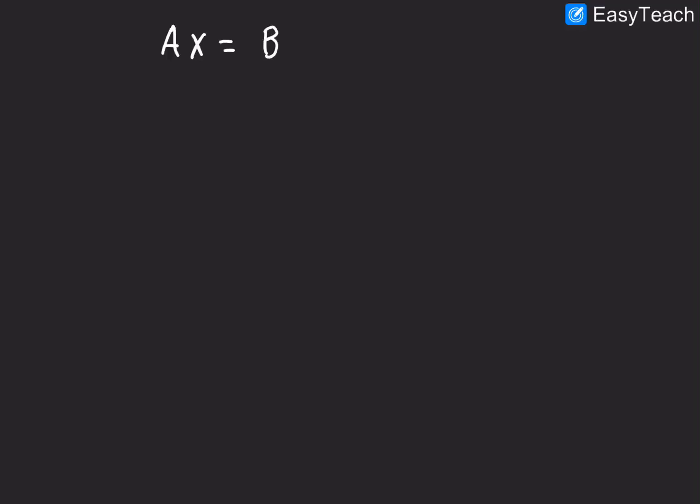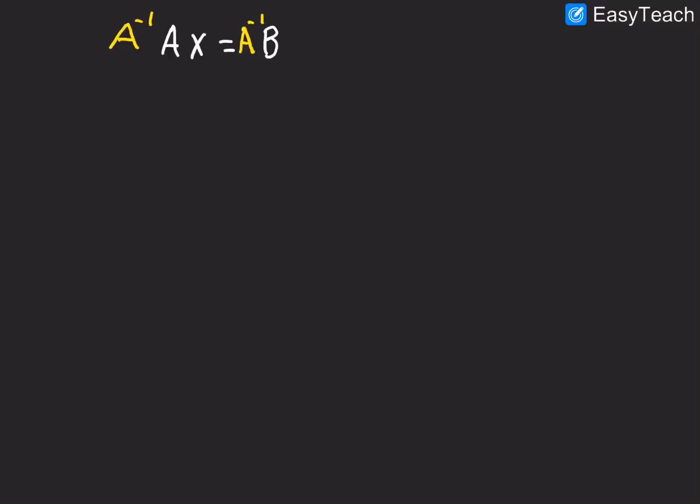If you multiply the A inverse matrix to both sides, and there's a reason why it's on the left of both terms, but that will be introduced when you talk about the proofs.